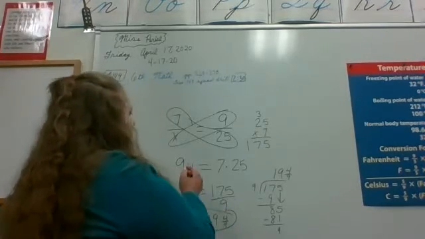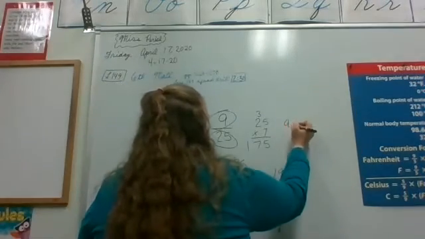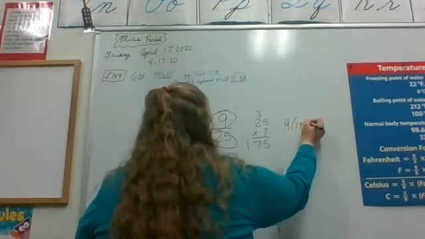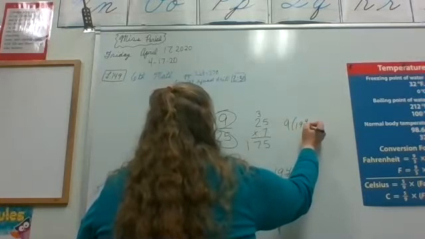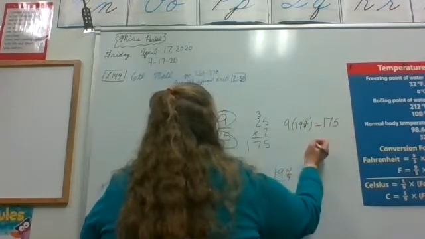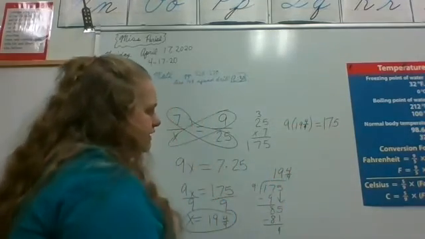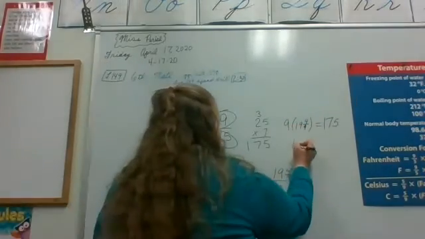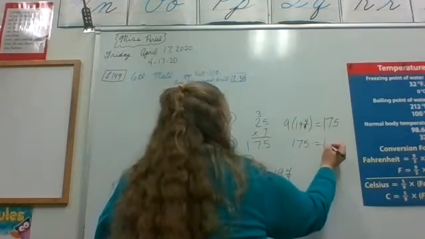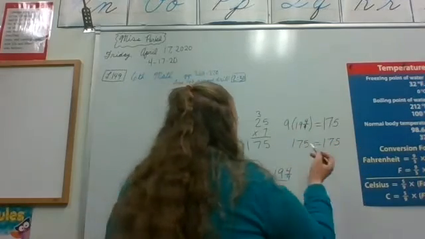and just do it from there, because then you would have 9 times 19 and 4/9 equals 175. So then you multiply that, and you would see that it comes out to 175 on both sides, okay?